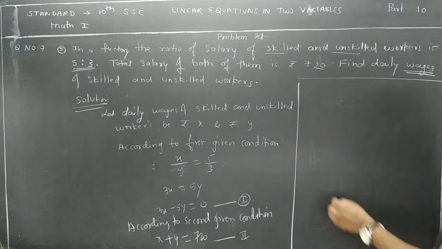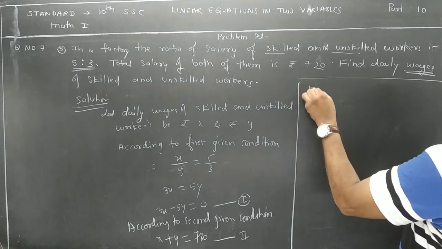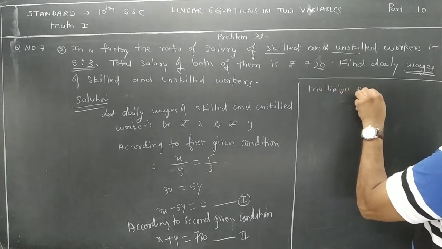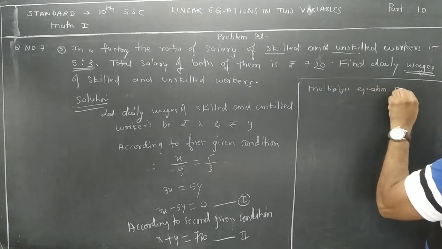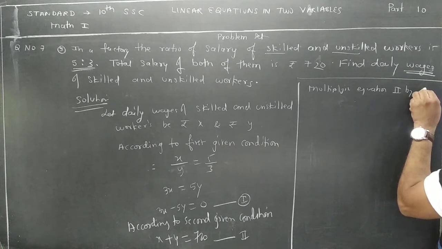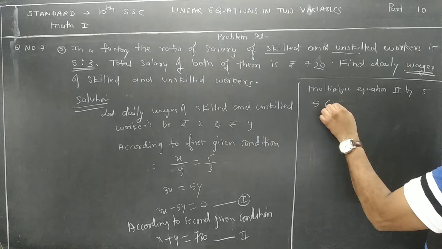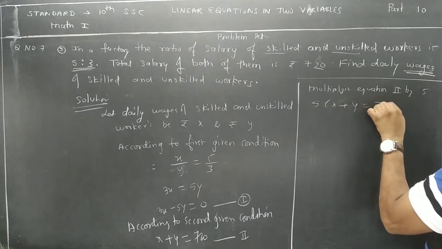So what will I do? Multiplying equation 2 by 5. So 5 in bracket x plus y is equal to 720.